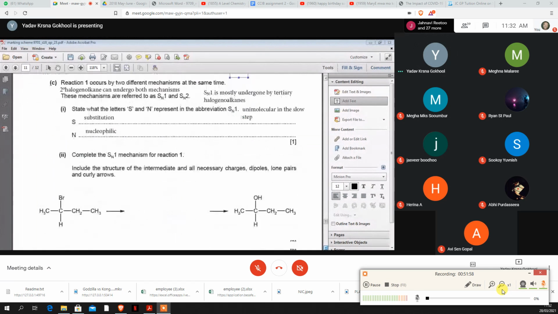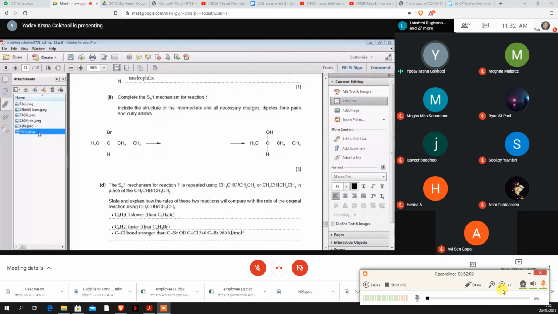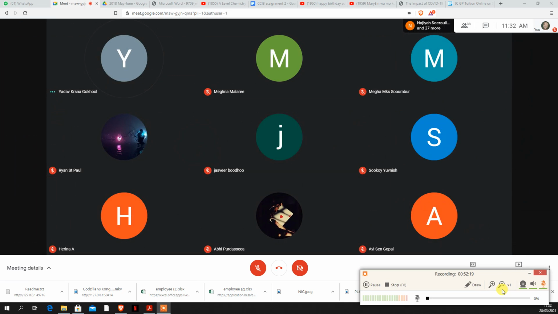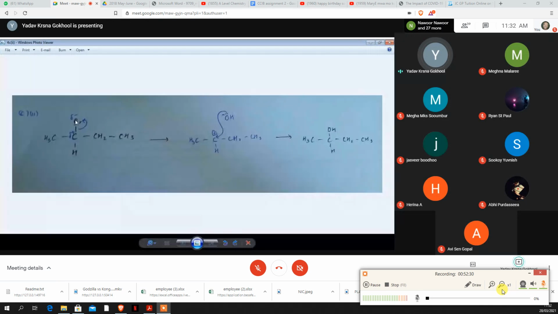Okay. You look at the video. Okay, the Br. Wait. So the Br is pulling the electrons towards it. The carbon becomes delta plus, and there we have delta minus, right? And then the OH is coming to attack the carbon, which is delta plus.